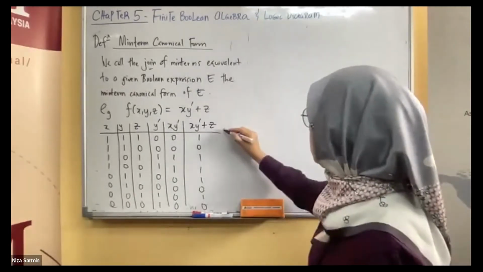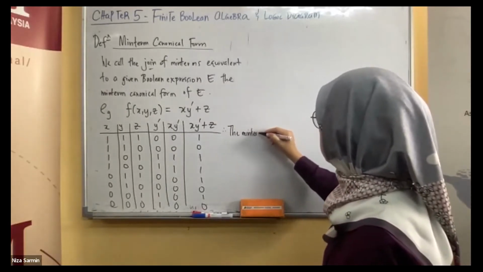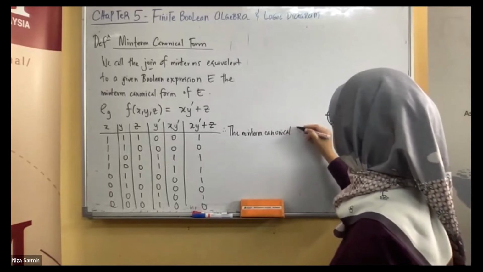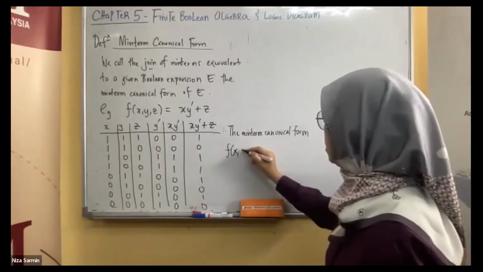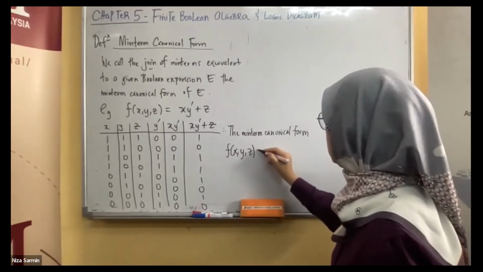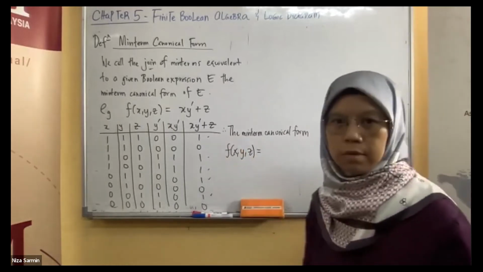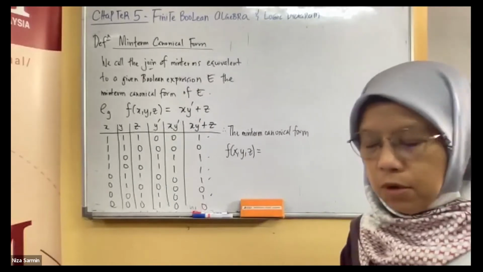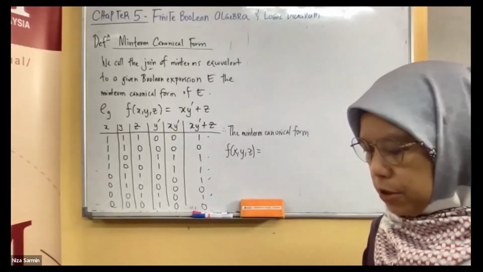So your min term canonical form for X, Y, Z equals, so you just take the sum of the values in this expression.